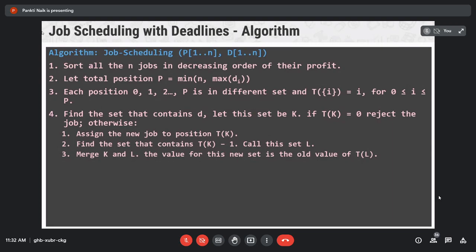In the exam, questions may be like this: using greedy algorithm, find the optimal schedule for the following jobs with respective profit and deadlines. So you have to finally find the optimal schedule sequence with profit value.